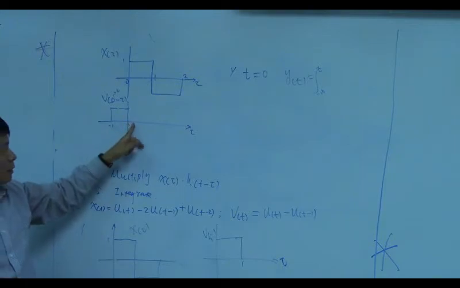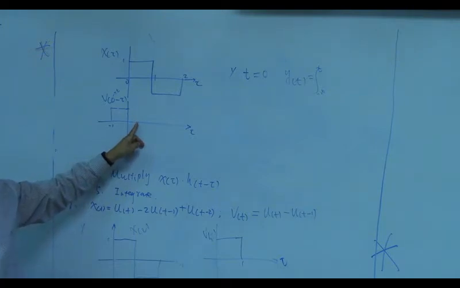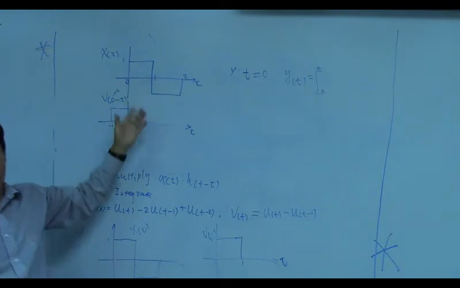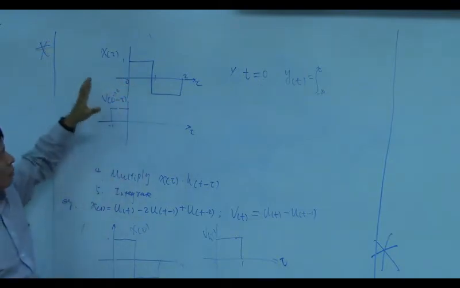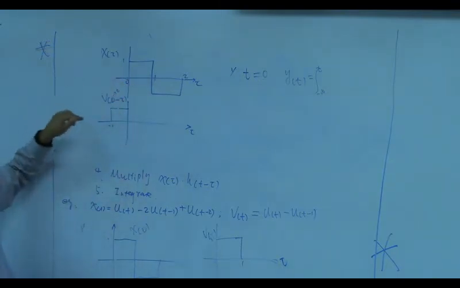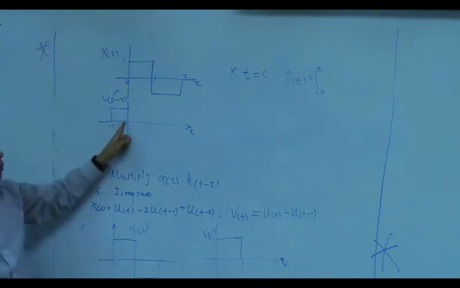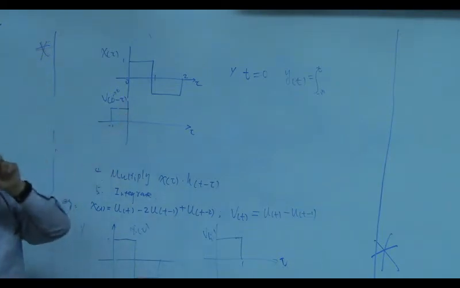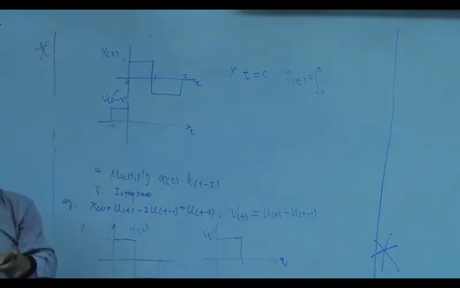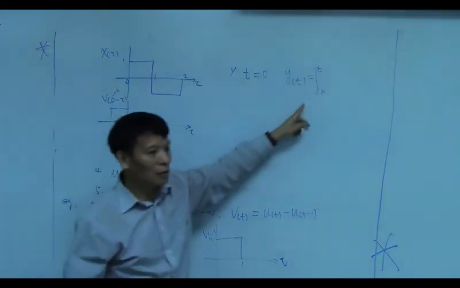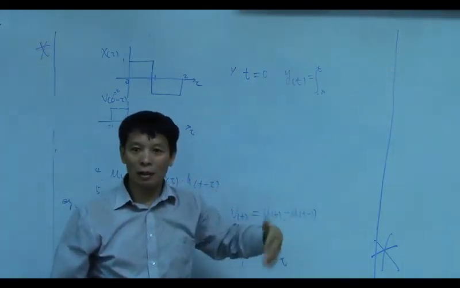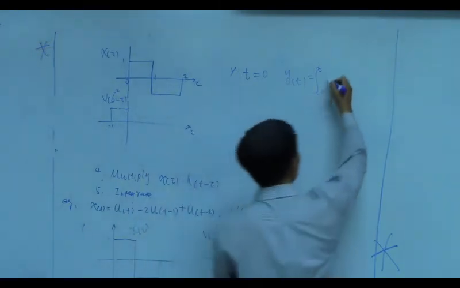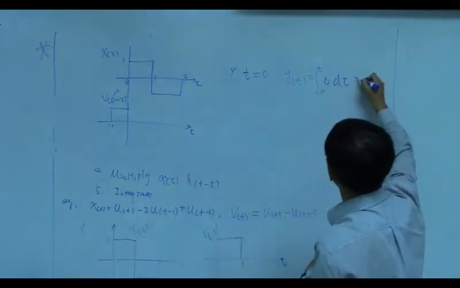How about when tau equals here? What is the multiplication? 0, because this one equals 0, this one is not 0, still 0. So actually this signal multiplied by this one, what we get is only 1 at tau equal to 0. That's a single point. But when you do the integration for a single point, what do we get?